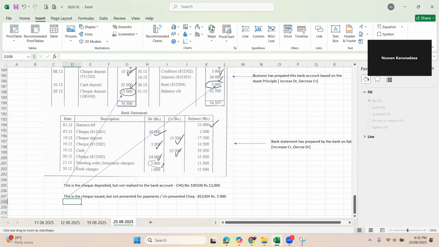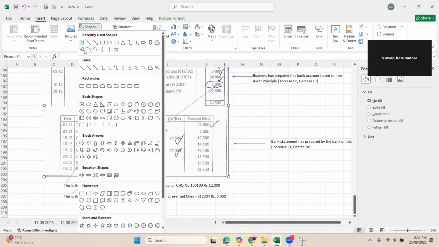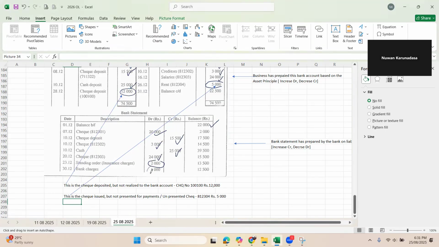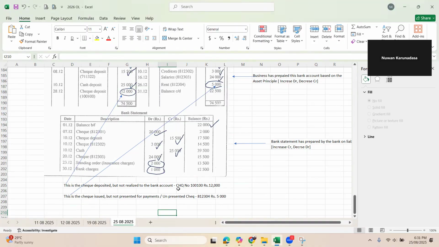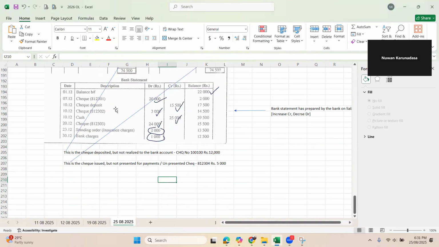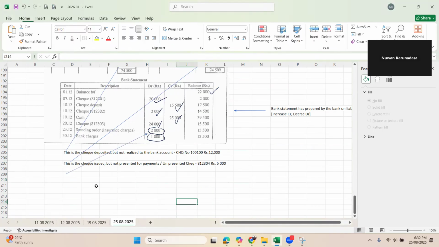One is the standing order, the other is the bank charges. These two are omissions.